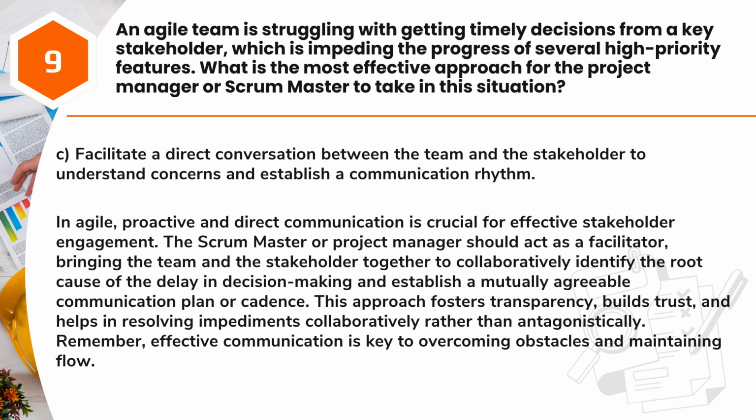The Scrum Master or Project Manager should act as a facilitator, bringing the team and the stakeholder together to collaboratively identify the root cause of the delay in decision-making and establish a mutually agreeable communication plan or cadence. This approach fosters transparency, builds trust, and helps in resolving impediments collaboratively rather than antagonistically. Remember, effective communication is key to overcoming obstacles and maintaining flow.